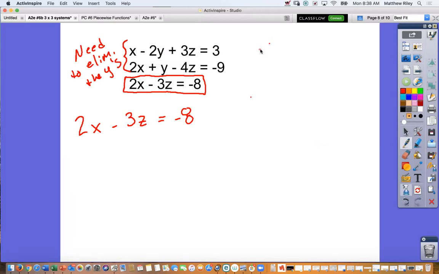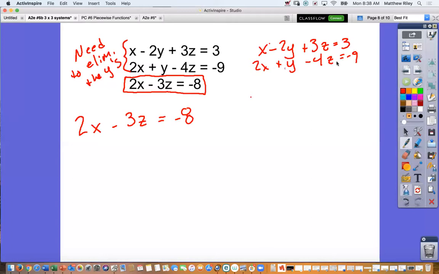So if that's what I have, x minus 2y plus 3z equals 3, and 2x plus y minus 4z equals negative 9. Remember, because this one did not have any y's, I need this one to not have any y's.